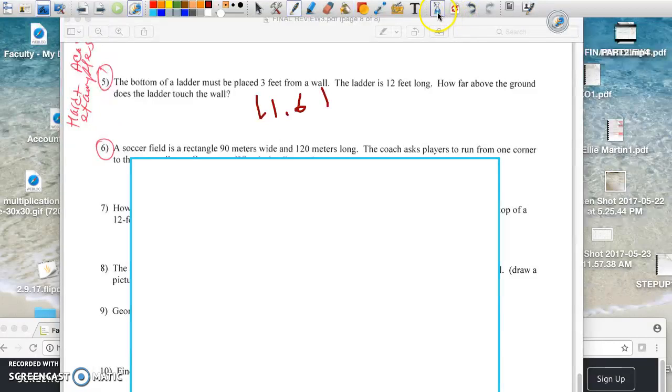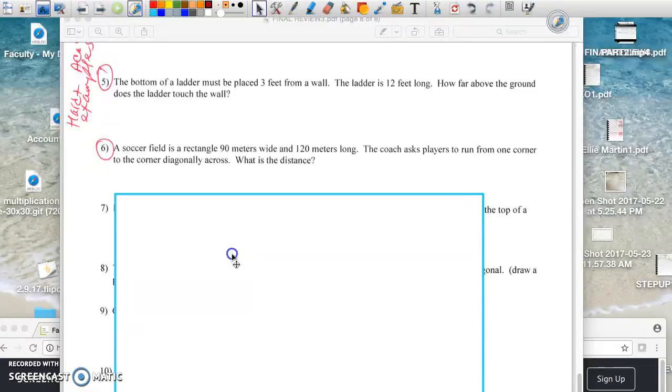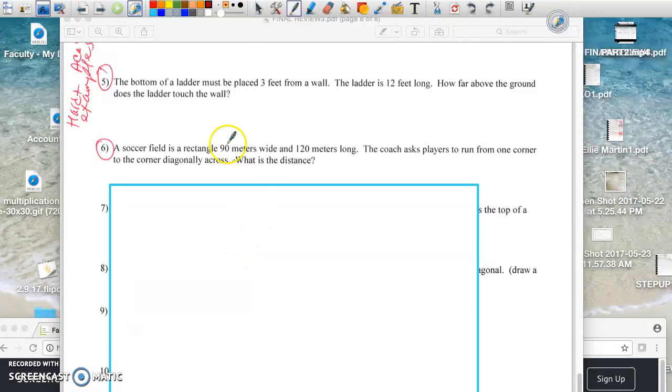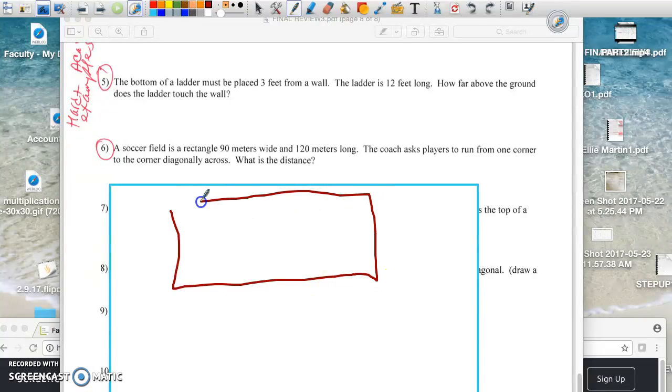All right. Let me try the next one for you. Number 6. A soccer field is a rectangle. Start there. 90 meters wide. Okay. That's 9, by the way. 120 meters long.